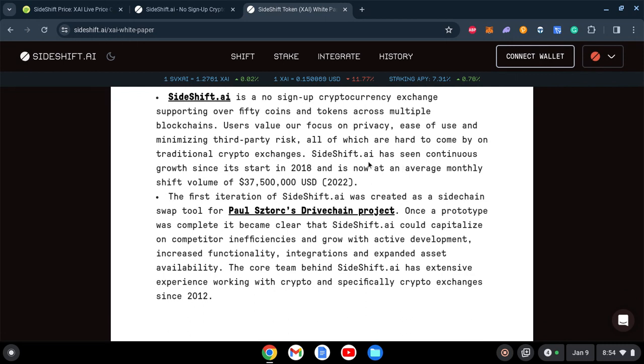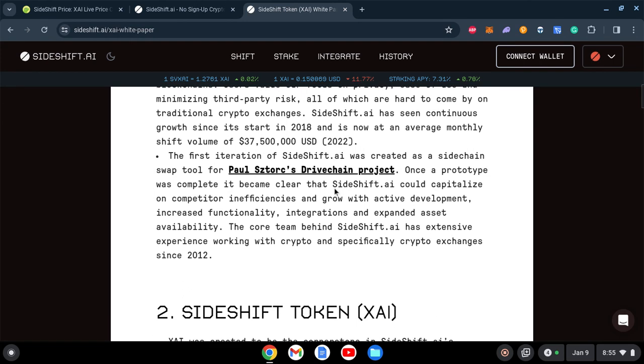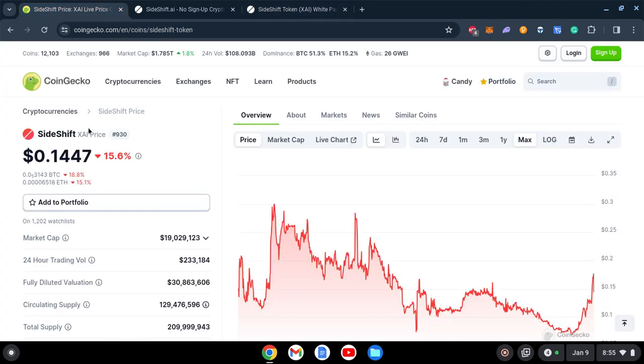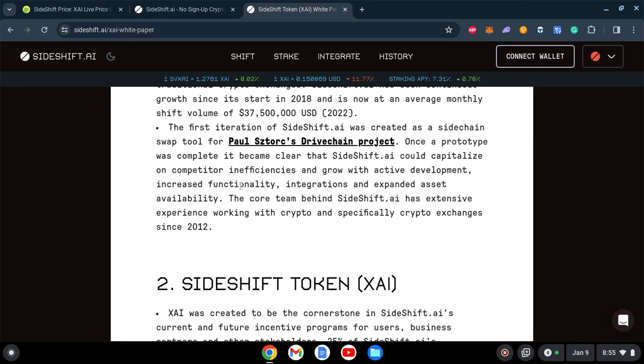Sideshift.ai has seen continuous growth since its start in 2018, and is now at an average monthly shift volume of 37 million, which is a pretty significant number if you ask me, because this is a really good trading volume for a coin ranked around 930, 936 or something like that, according to the market cap.